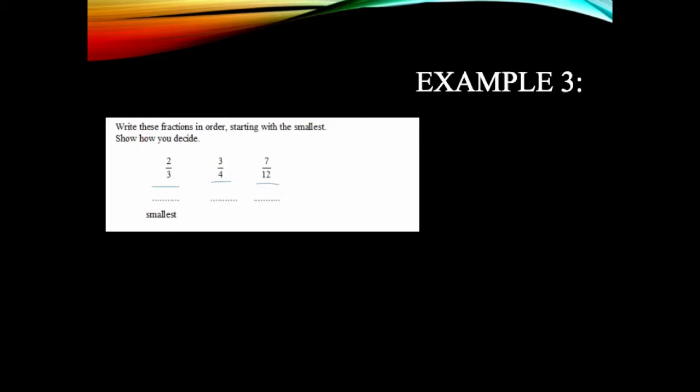I've spotted that 3 is a factor of 12. Notice I use that word factor, a number that goes into. So 3 goes into 12, so does 4, and so does 12.